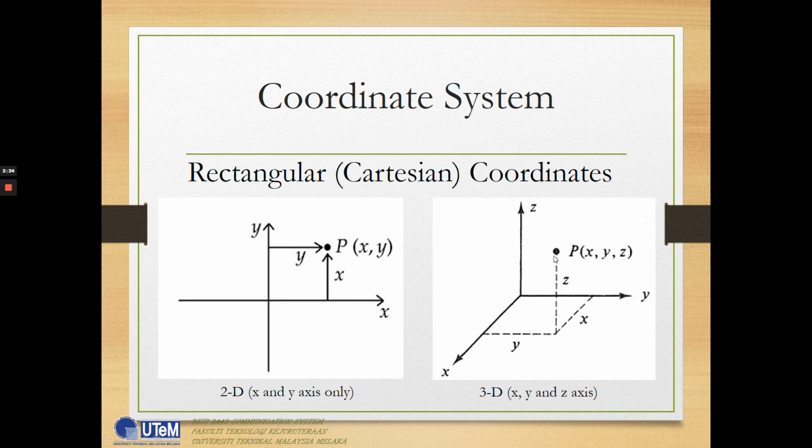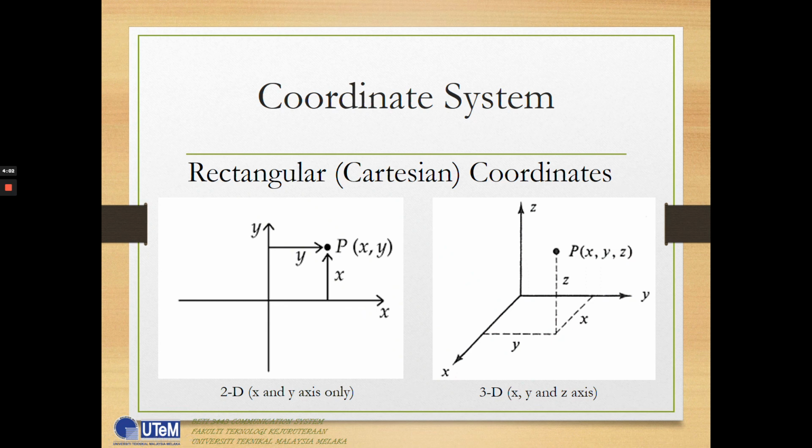By doing so we will find the point P. This is basically the very normal system of coordinates, which we call the rectangular coordinate system. Sometimes we call it Cartesian also. If we call it Cartesian or rectangular, they are the same actually.